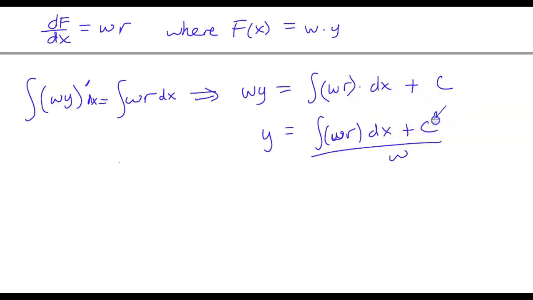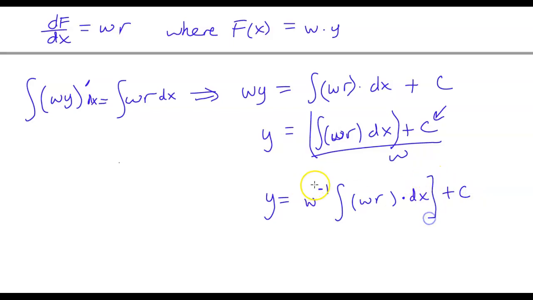And notice that this integration constant here is not a part of the integral, okay? So you're going to be looking at it like that. And some people like to rewrite this divided by w here. It's just w raised to the -1, and then write it out like this.